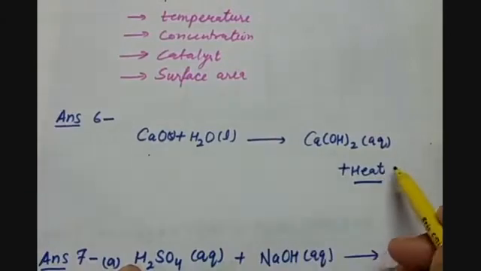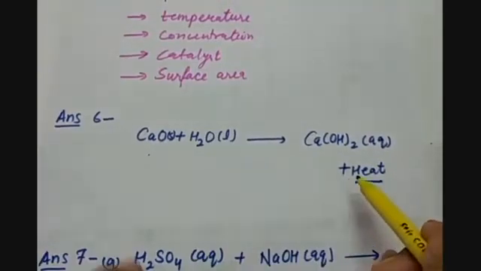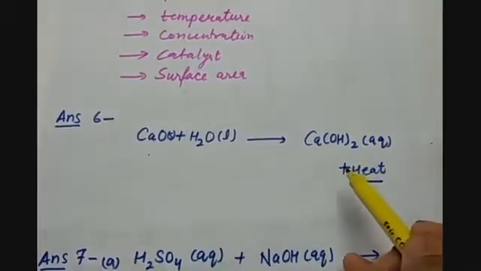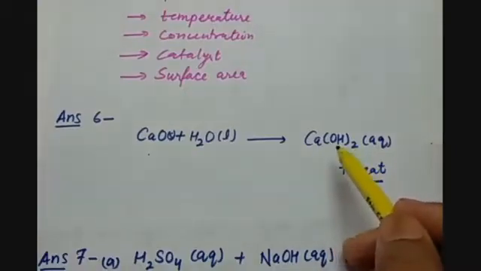This heat, as you can see, I have written as plus heat. That means evolution of heat is happening, and this heat will raise the temperature of the container in which calcium hydroxide will be present.